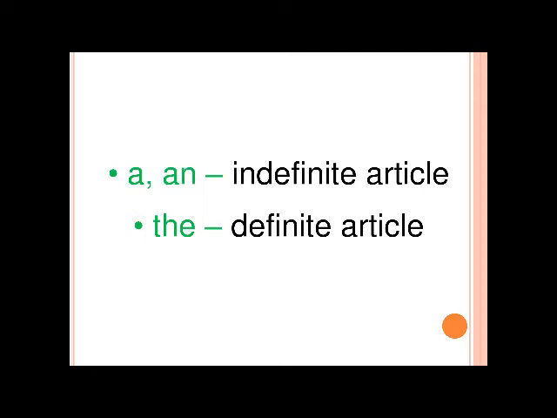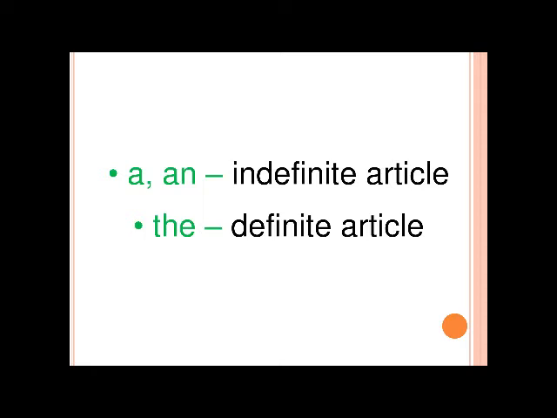And do you know why is it so? Okay, let me tell you. A and an, when are they used? Indefinite means when we are not talking about anything particular or anything specific, when we are generally referring to anything.